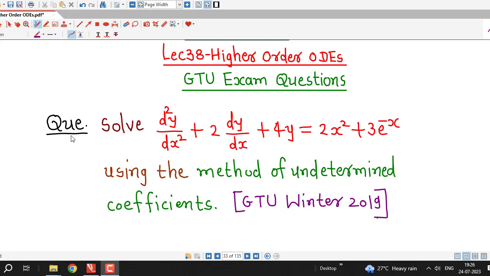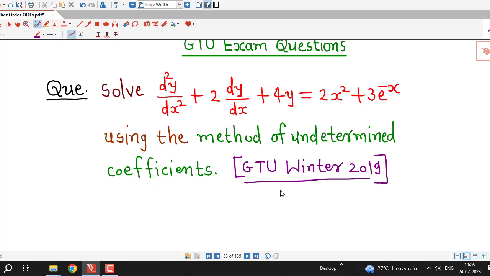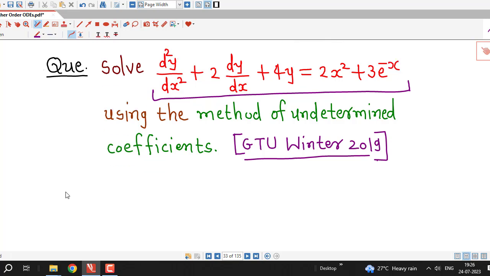In this lecture, we will discuss this question on the method of undetermined coefficients which was asked in the GTU Winter 2019 exam. Here we are asked to solve this non-homogeneous linear differential equation using the method of undetermined coefficients.